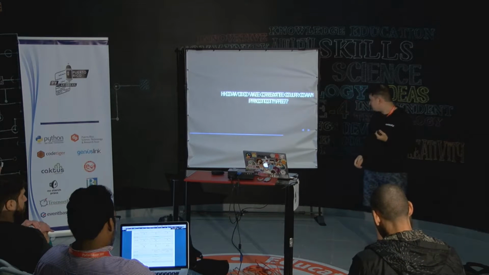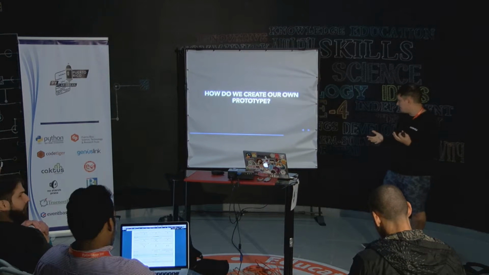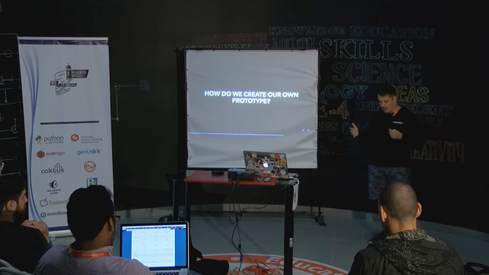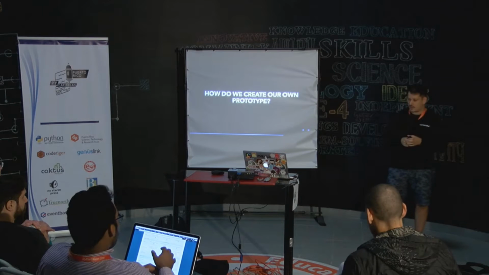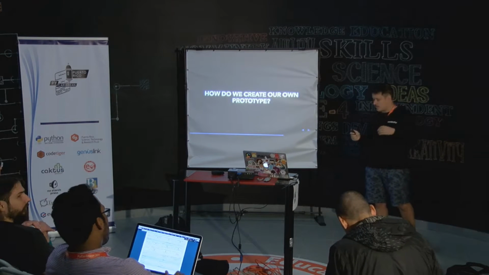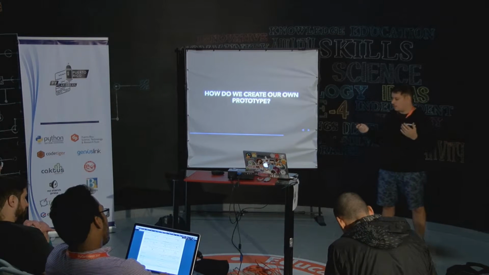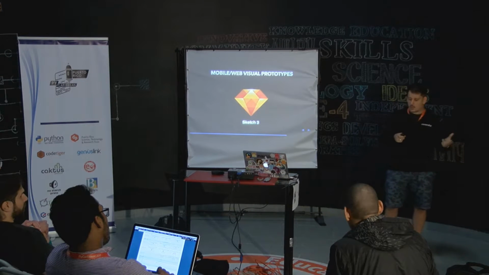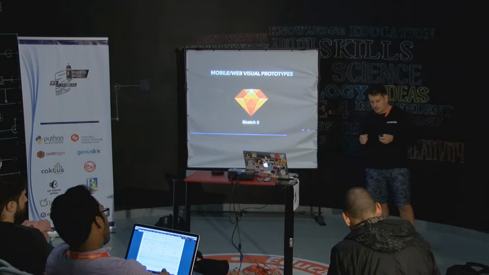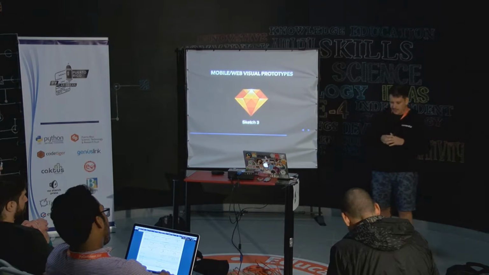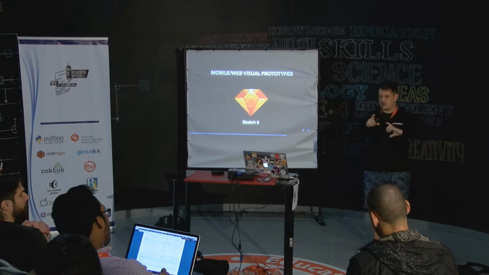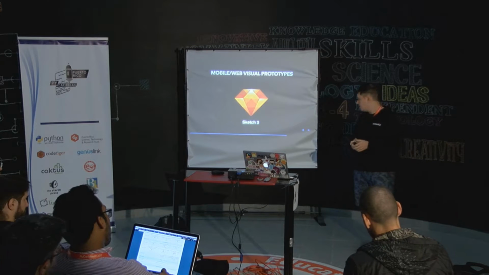So, how do we create our own prototype? There are many tools to do this. I'll show a few demos right now with each of them, but first I want to tell you a little bit about each of them. So for UI and UX, we have Sketch, which is a prototyping platform for designers that want to test different UI sketching.